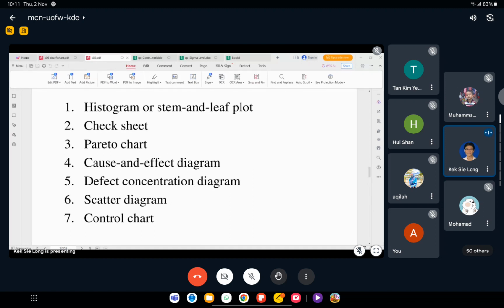There are two ways. Either we draw the control chart by hand, or we plot the control chart by using computer software or computer tools.